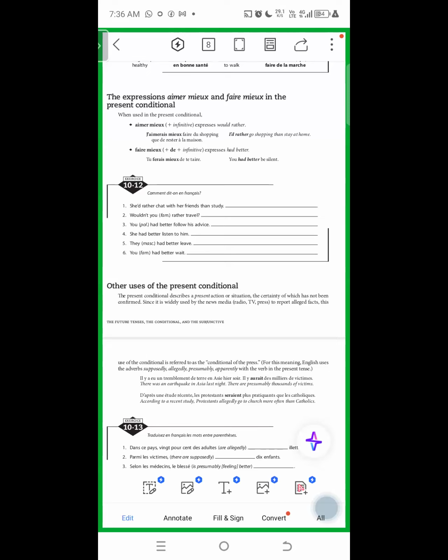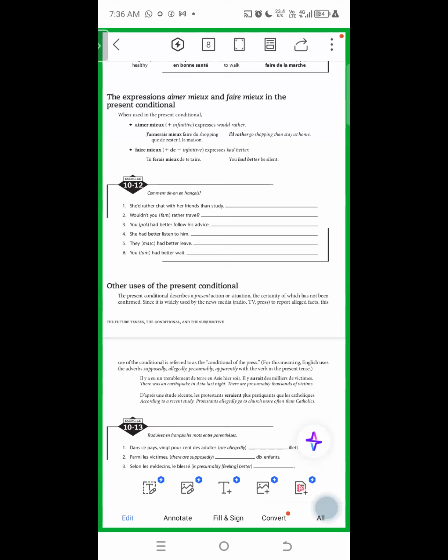So you can use it. I'd rather work here than not do anything at all. J'aimerais mieux travailler avec ce salaire que de rien faire. I'd rather work here with this little salary than to do nothing. So aimer mieux is "rather," then faire mieux "do better," plus the infinitive of the verb will express better.